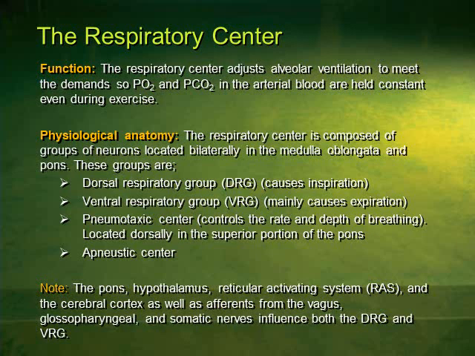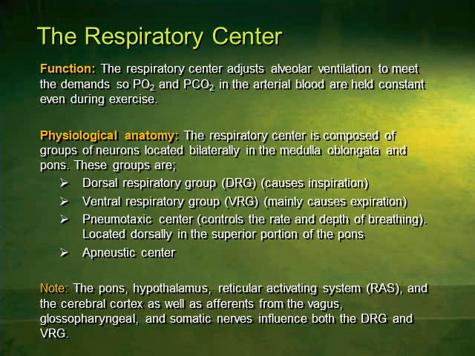Physiological anatomy. The respiratory center is composed of 4 groups of neurons located bilaterally in the medulla oblongata and the pons. These groups are: first, the dorsal respiratory group.